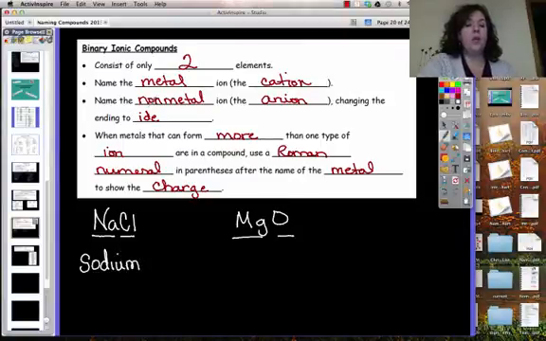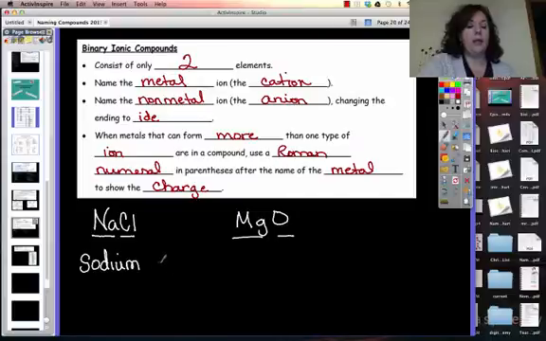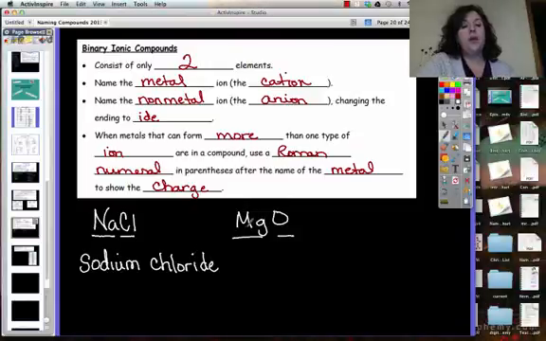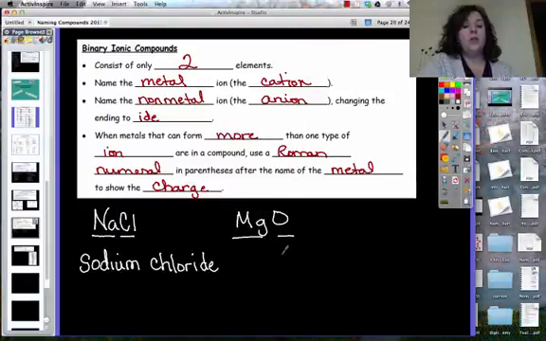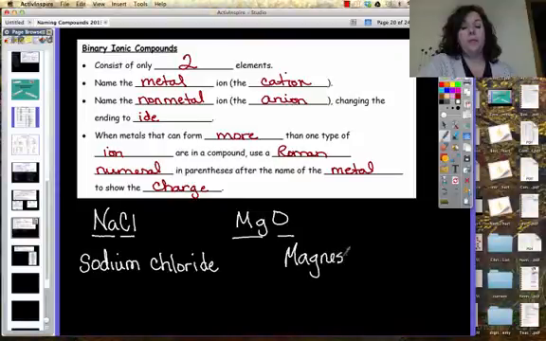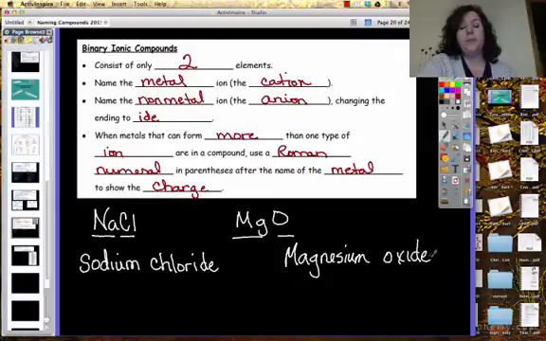Then the second one, we're going to name the nonmetal and put an IDE on the end of it. So this would be chloride. And then for the next one, we have magnesium and we have oxygen. So we're going to look at magnesium. Then that would be oxide.